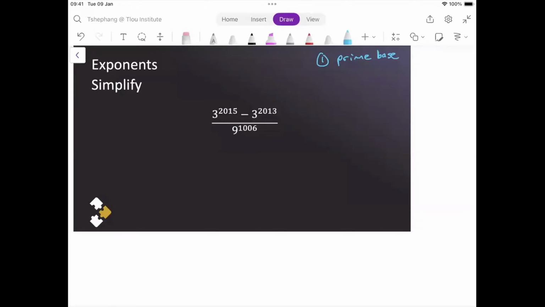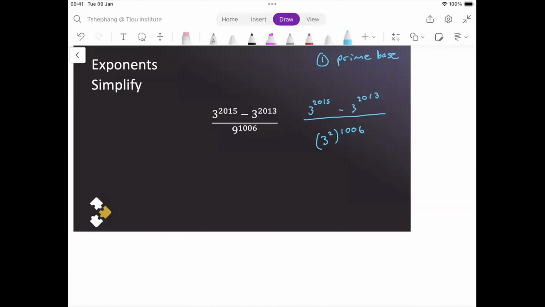3, 3, perfect. So what we have is actually 3 to the 2015 minus 3 to the 2013 all over. What is 9? 9 is the same as 3 to the power of 2. That is a prime. Okay. The power here is still 1006.